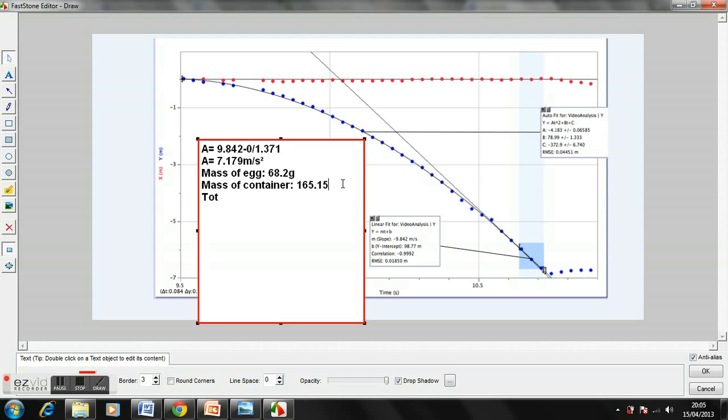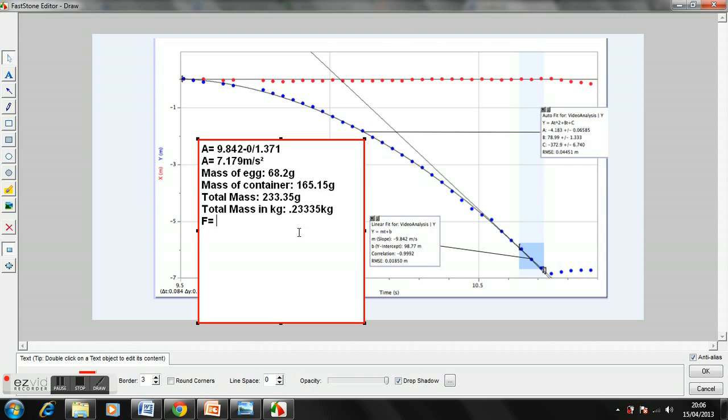And the total mass, I forgot units, the total mass was about 233.35 grams. I converted the grams into kilograms, and this turned it into 0.2335 kilograms.